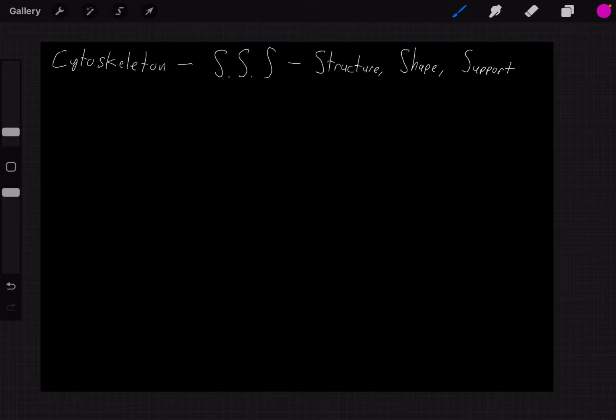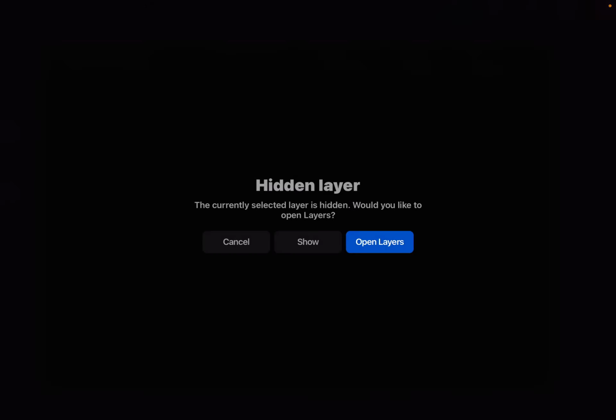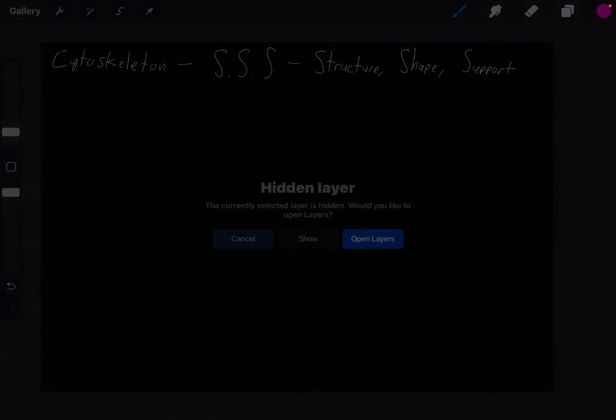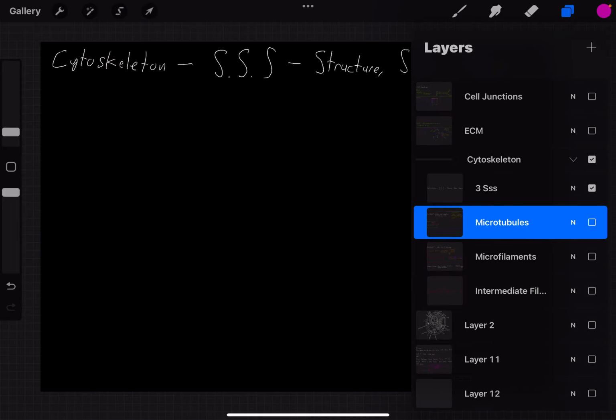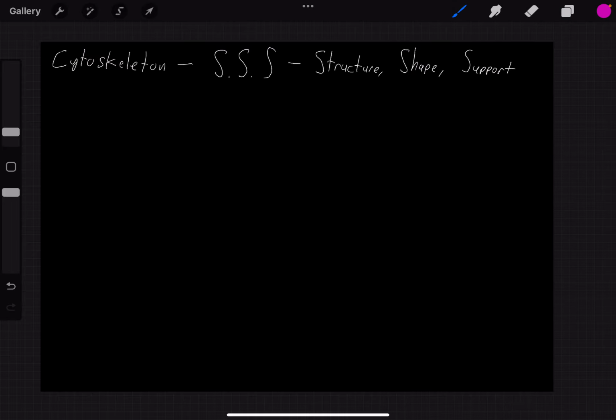All three give the cell structure, shape, and support. We call them the three S's. All cells get structure, shape, and support from all three parts of the cytoskeleton. However, there is movement involved in two of them that we'll go over right now.